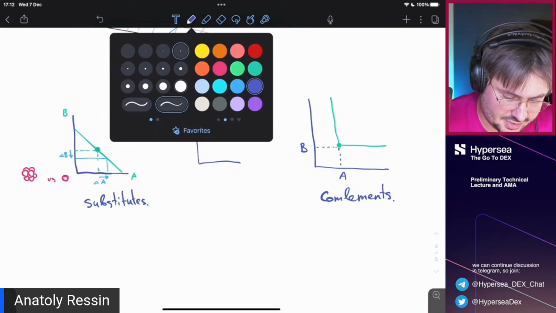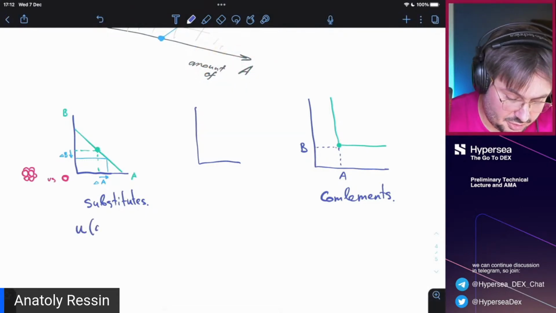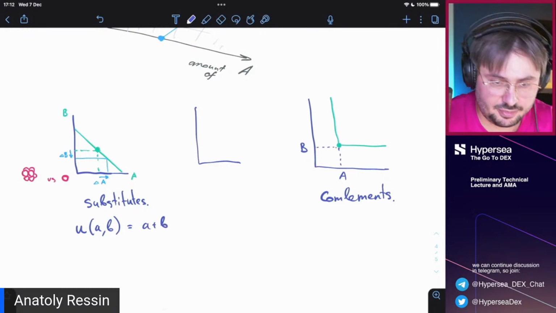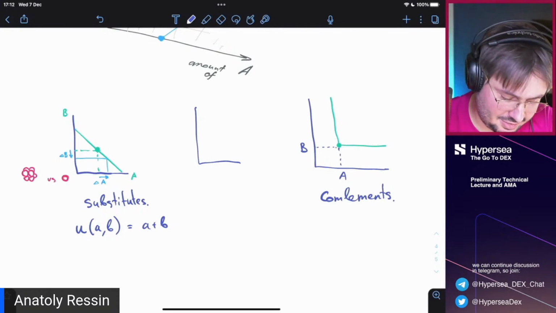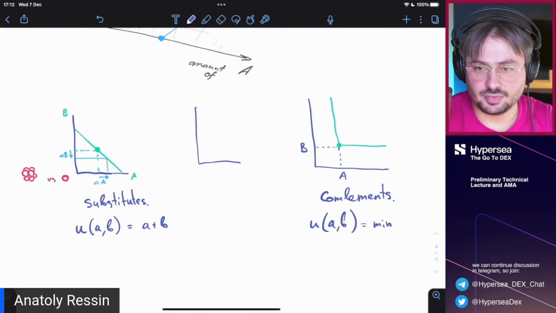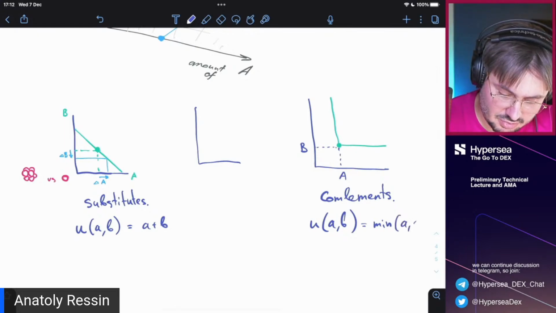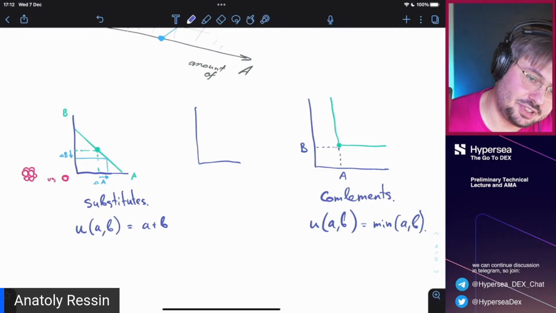So something like that. And it means that the utility of these functions can be described by these things. So here, utility of A and B can be described by A plus B, probably with some factors. And in this case, U of A and B will be equal to the minimum of A and B. And actually, in between these two things, substitution.